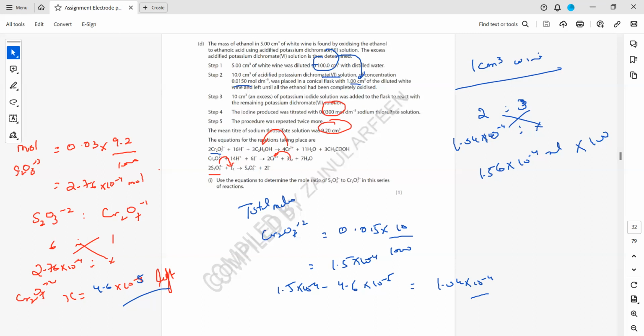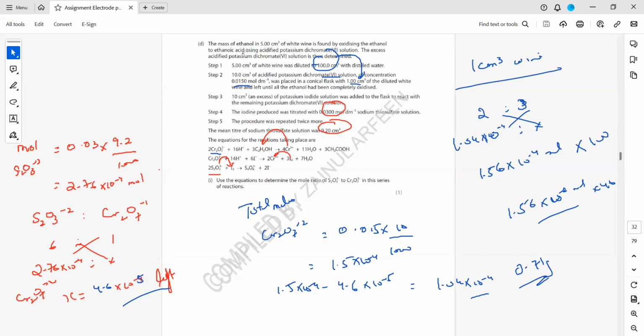That's why we multiply this by 10 to get 1.56 × 10⁻³ mole. These are the total moles, but what is the mass of ethanol? We multiply by the molar mass, which is 46. So we get 0.71 grams of ethanol present in the original wine.